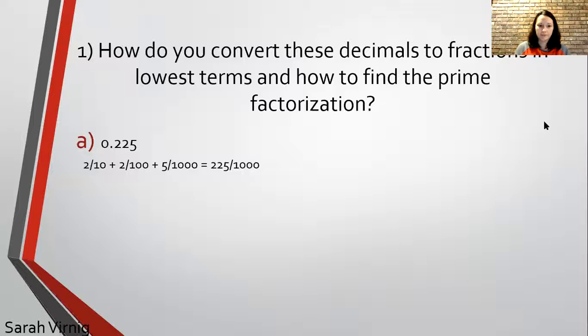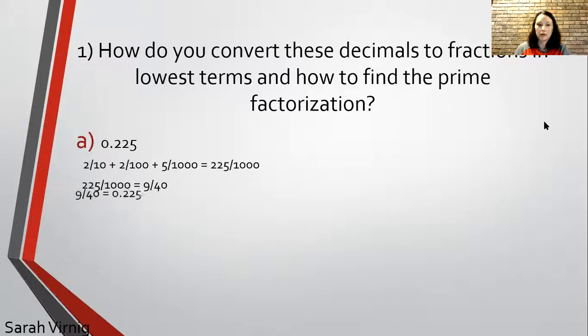So when we add it all together, we get 225 over 1,000. Now our next step, we actually divide it, and we reduce it. When you reduce 225 over 1,000, you get 9 over 40. A good way to do this is you can look at it and say, it has a 5 and a 0 in the last place, so obviously it's divisible by some number that ends in a 5, because 5 can go into any number ending in a 5 or a 0.